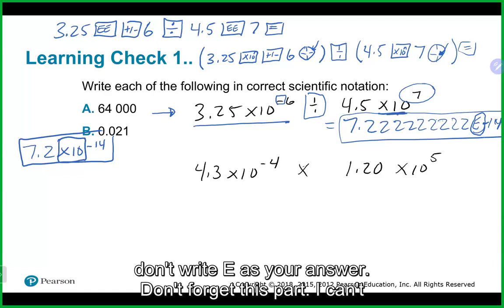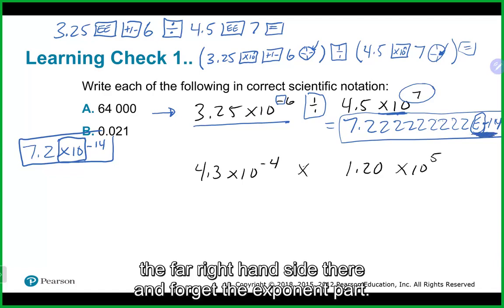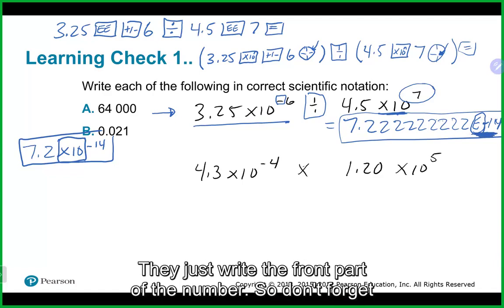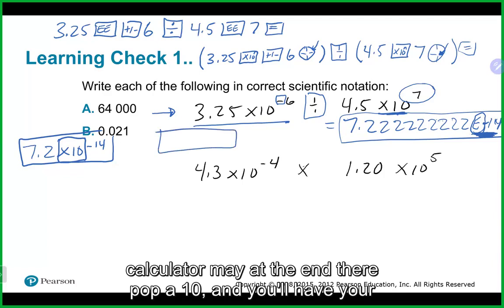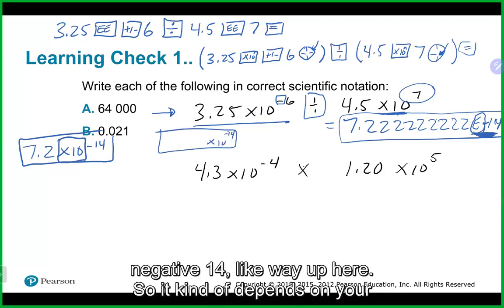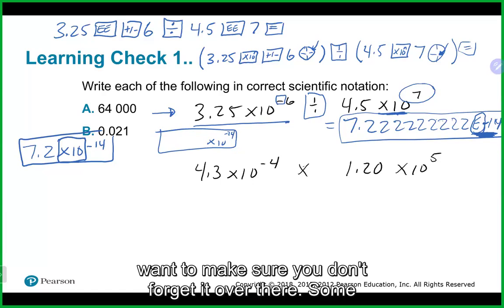Don't forget this part. I can't tell you how many people on their calculator just ignore the far right-hand side there and forget the exponent part. They just write the front part of the number. So don't forget that. It depends on your calculator. Some people's calculator may at the end there pop a 10 and you'll have your negative 14 up here. But if your answer is in scientific notation, you want to make sure you don't forget it over there.